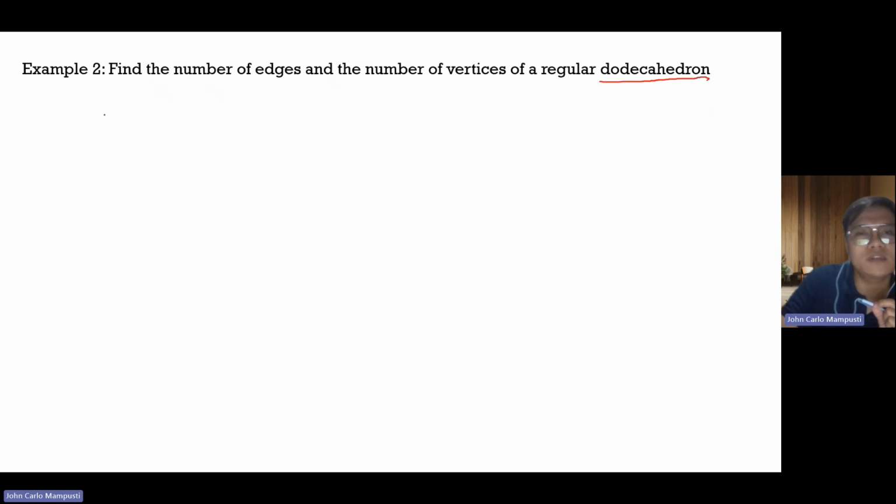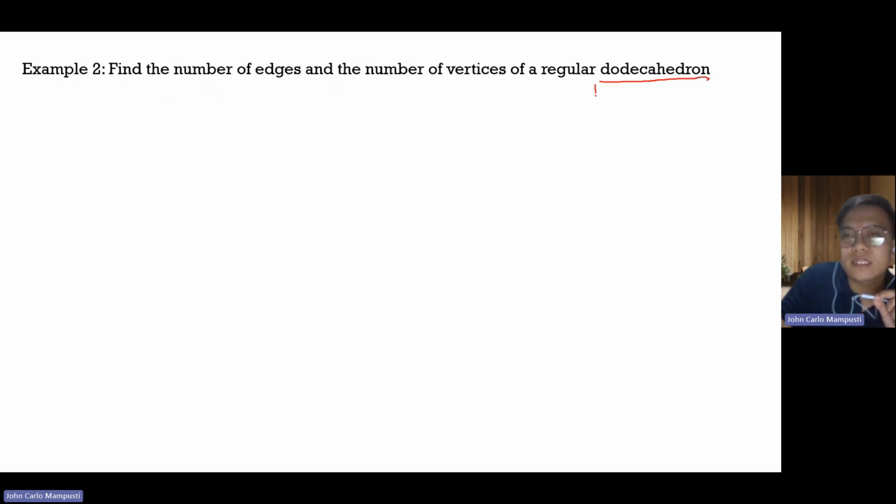Pero kung memorize nyo, pwede nyo i-prove na lang, kung ito sakali yung example natin. Kasi remember, in our quiz, I need the complete solution. Pero kung multiple choice to, at alam nyo na or kabisado nyo na, edi maganda, di ba? So find the number of edges and number of vertices of a regular polyhedron.